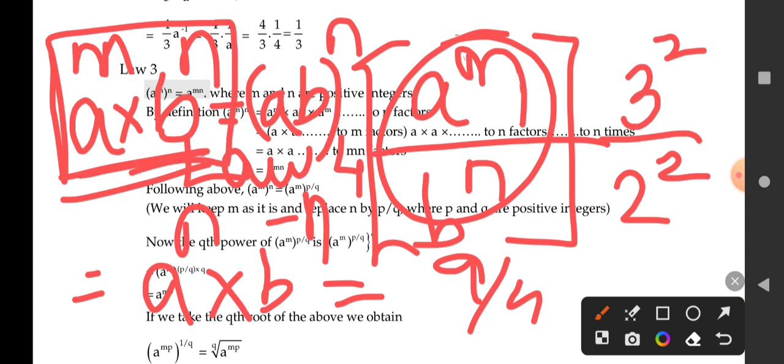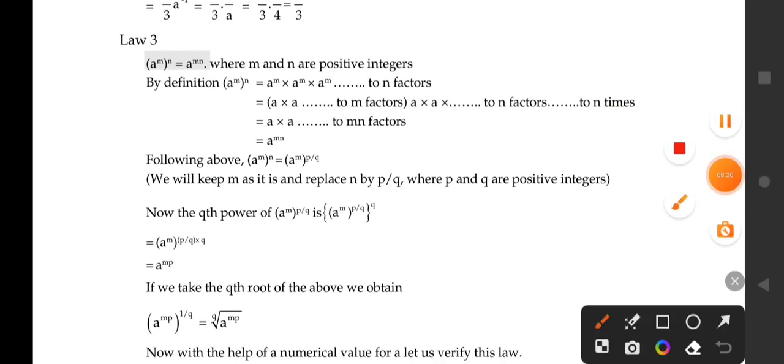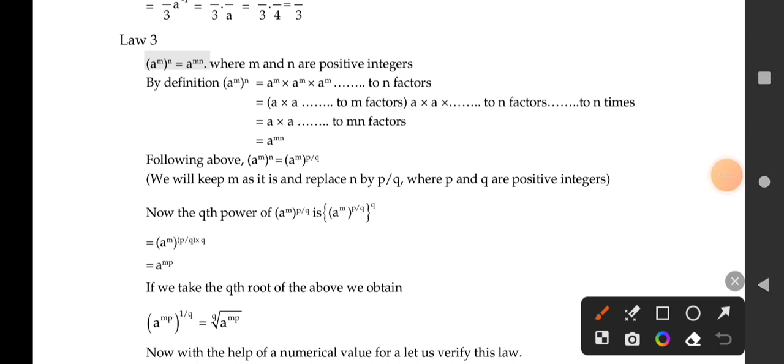I hope you can understand this from the equations itself. Another question: what if the same bases with different powers are divided by each other?